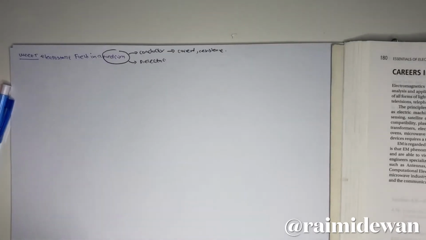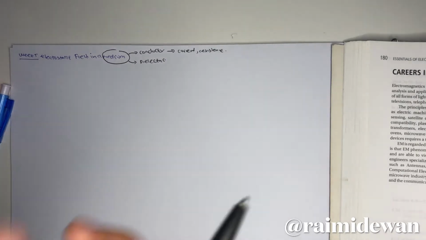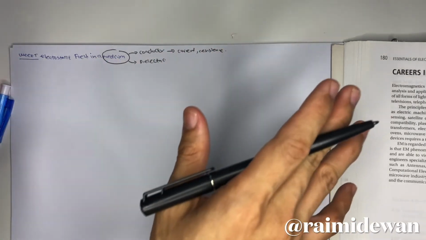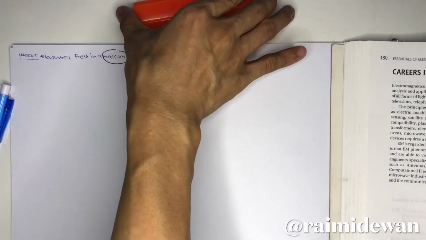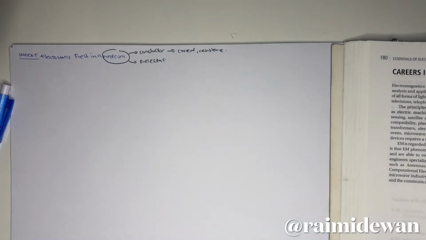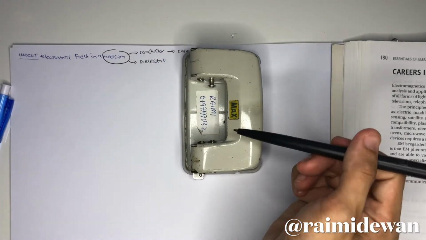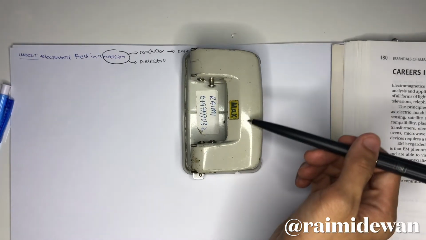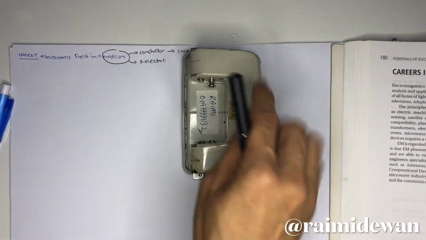However, here we will use field theory in order for us to sample the resistance at a particular surface. For example, if you have this and you want to measure the resistance, as long as this is a conductor, there is resistance.